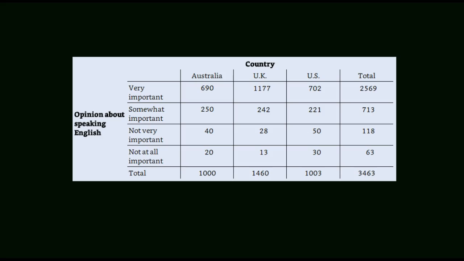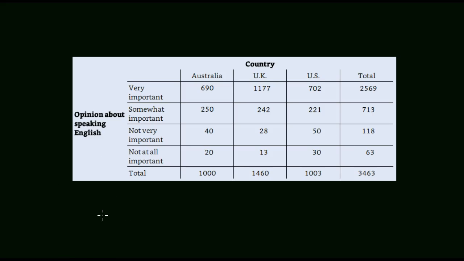And then some opinions about how important it is to be an English speaker while living in those countries, labeled as very important, somewhat important, not very important, not at all important. The question we're going to ask first here is: is this laid out in such a way that everything is nice and neat and proportional in every possible direction?